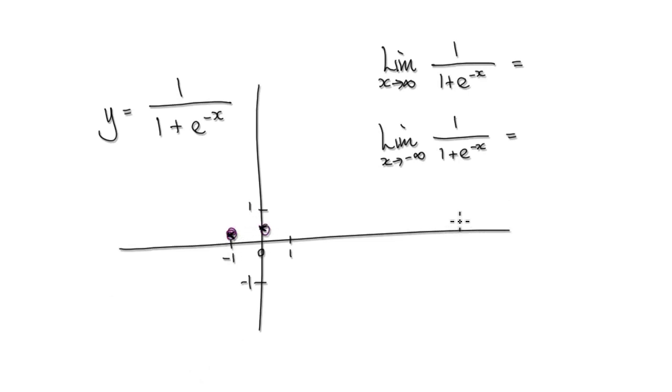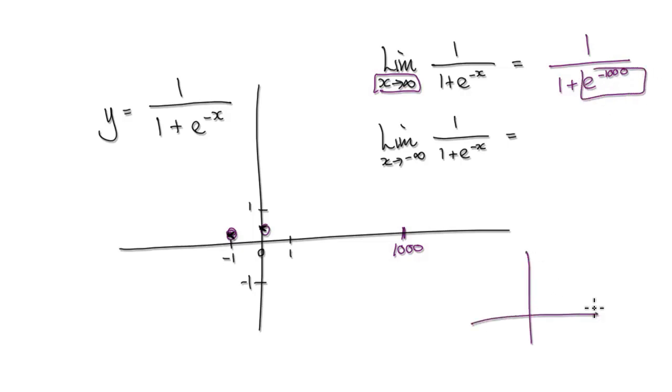So now let's investigate what happens when x heads towards positive infinity, meaning when x is very, very big. Let's just imagine x to be 1000. So that would be 1 over 1 plus e to the power of -1000. So e to the power of -x will look like this.